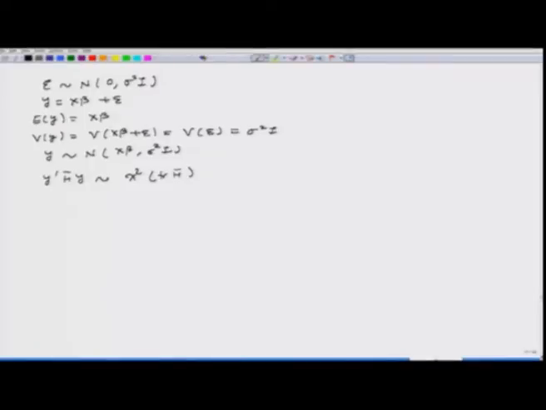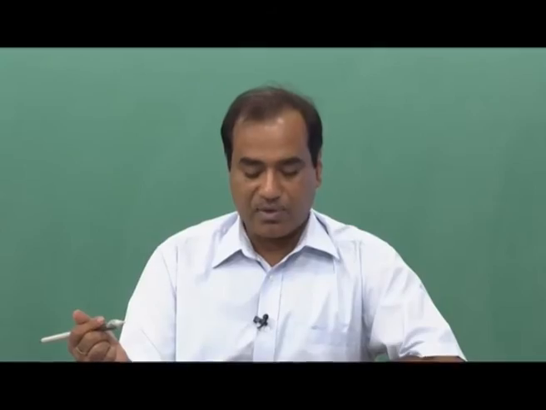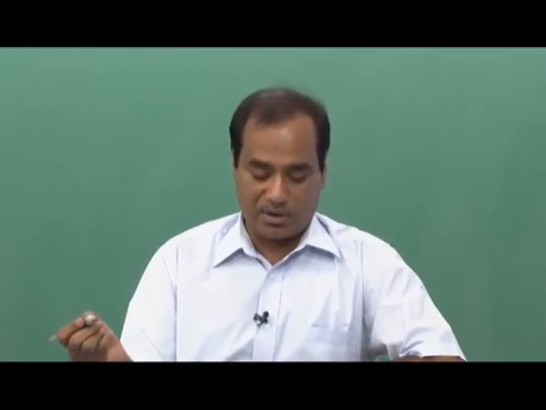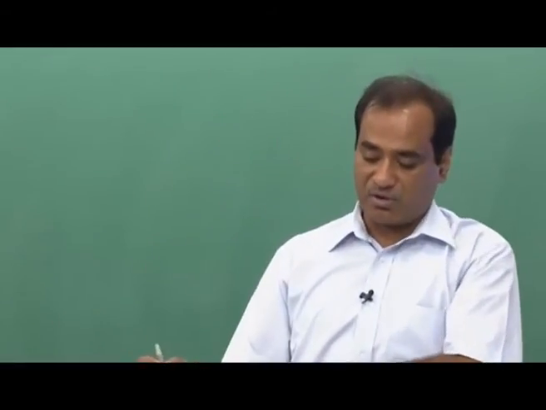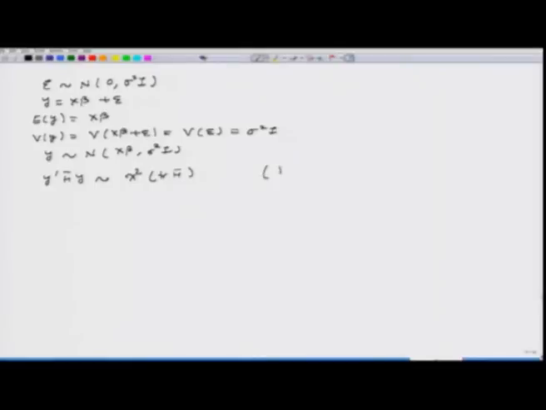So, I can use the result, and based on that I can write down that the quadratic function y transpose h bar y will follow a chi-square distribution with the degrees of freedom which are equal to trace of h bar. And we may recall that we had found that trace of h bar is equal to n minus k. So, this is nothing but your chi-square distribution with n minus k degrees of freedom.